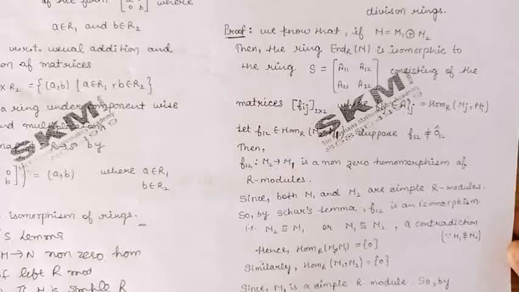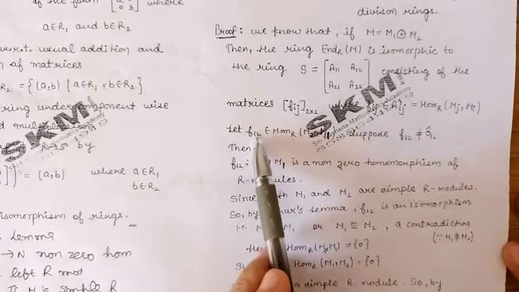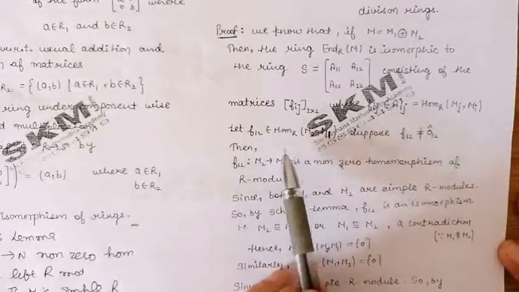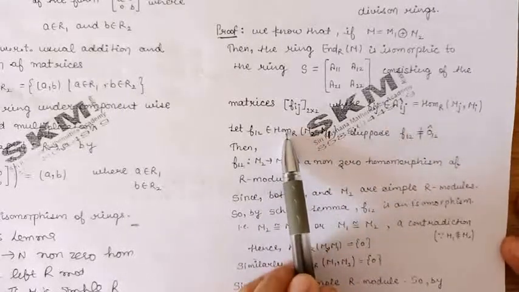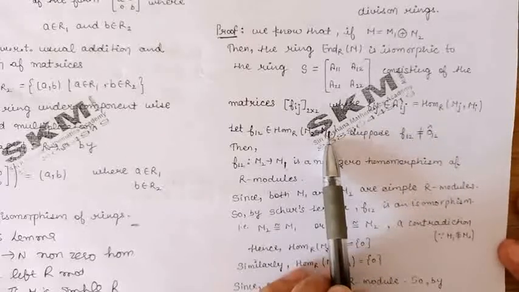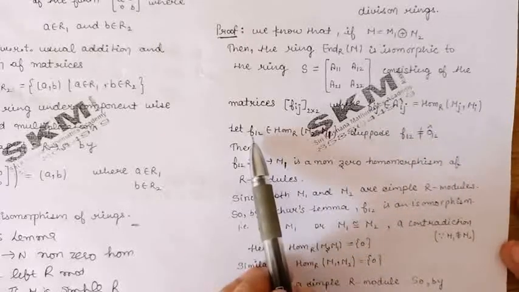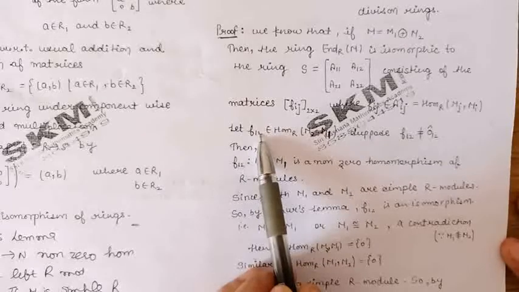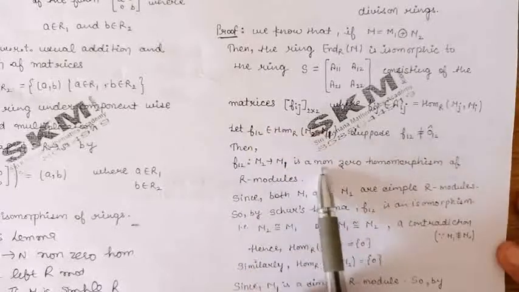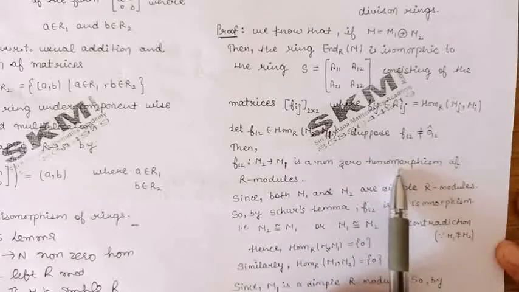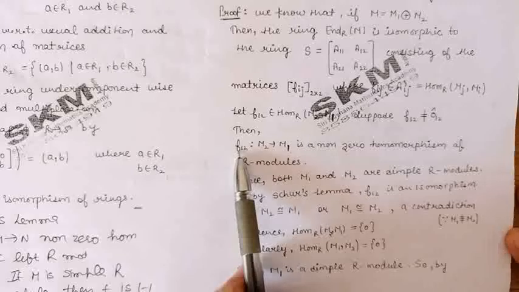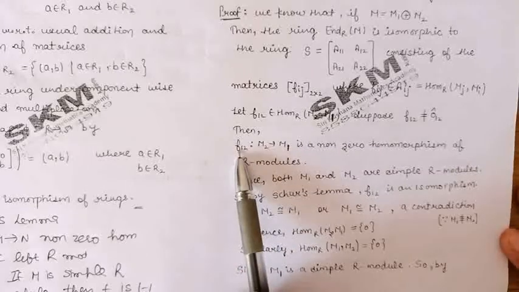To use this lemma, let us take an element from the set of homomorphisms from module M2 into the module M1. We have denoted this element by F12. If this homomorphism is a non-zero homomorphism, then because M2 is simple, this non-zero homomorphism will be 1-1.